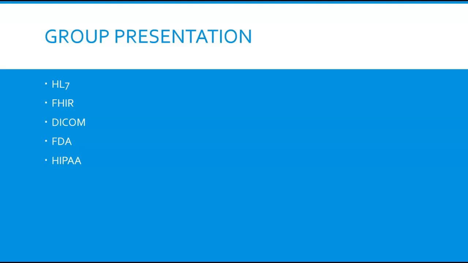All 5 of these are very important healthcare standards, okay? If we were together, depending on how many are in the class, you would be divided into groups of 4 or 5, maybe even 3, and each group would be assigned one of these topics.